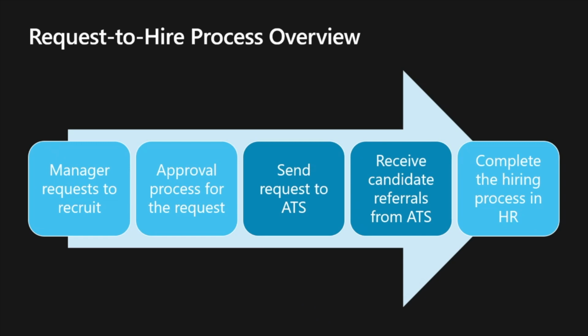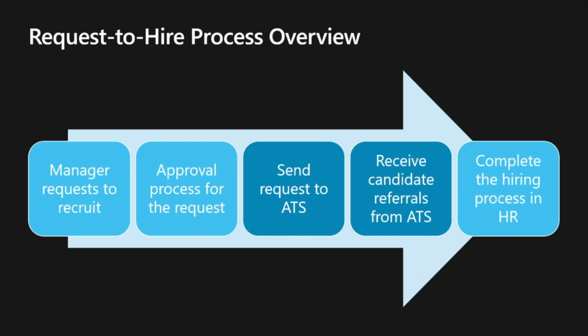A manager can start by creating a recruiting request in the employee self-service workspace. Then you may follow an internal review or approval process before the recruiter starts to recruit. Next, you send that request out to an external applicant tracking system, or ATS, and you start receiving candidate referrals in human resources from the recruiting application.